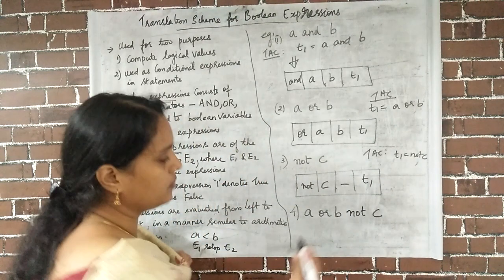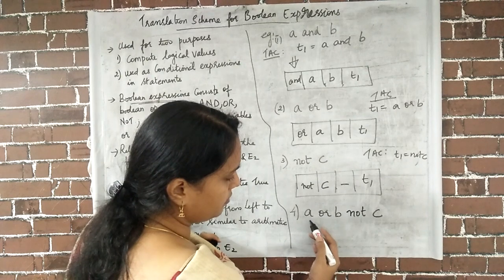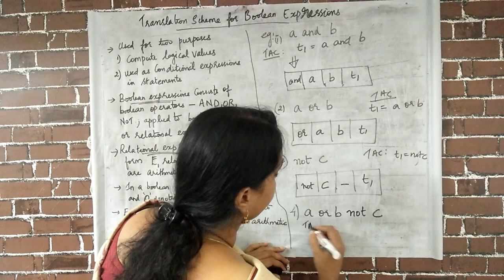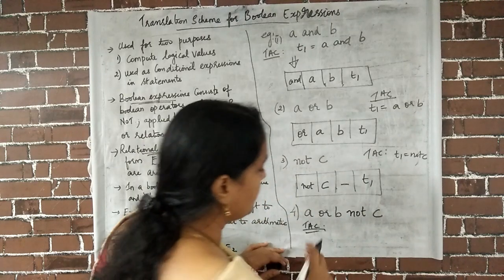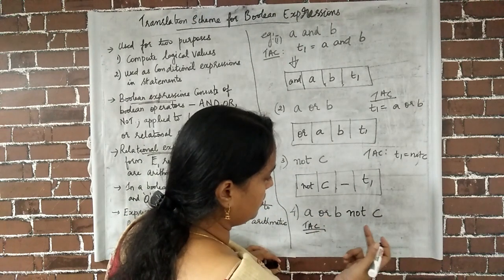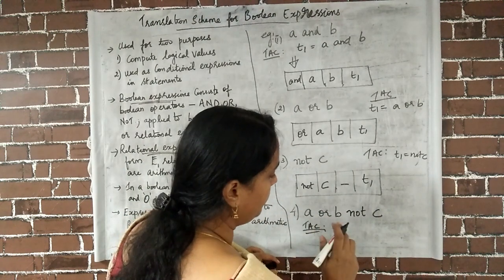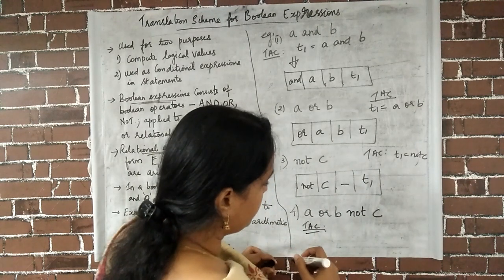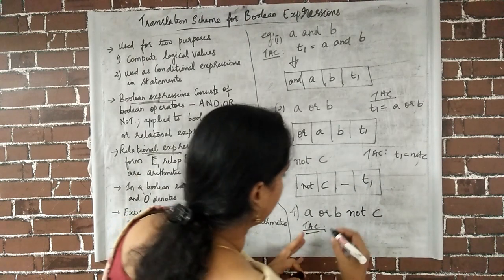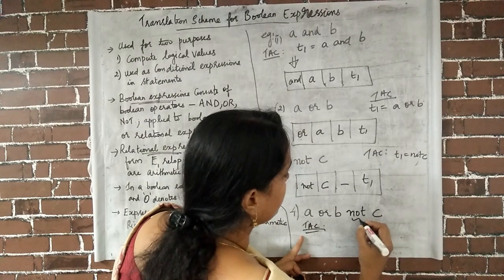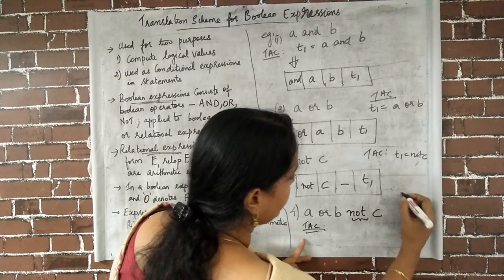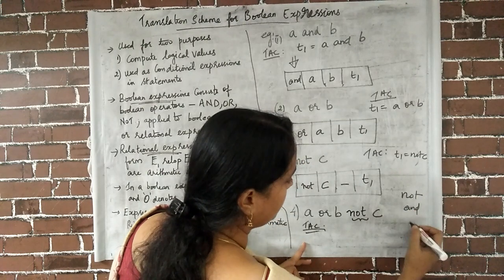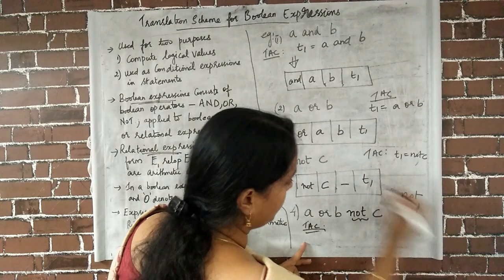Now consider the Boolean expression A or B and not C. How can we write the three-address code for this? The not operator has the highest precedence, the second precedence is for and, and the least precedence is for the operator or.